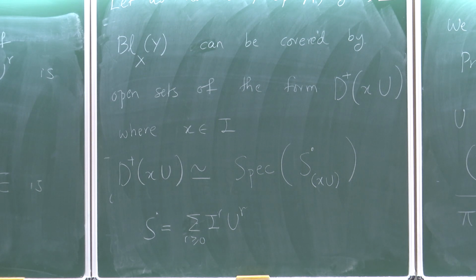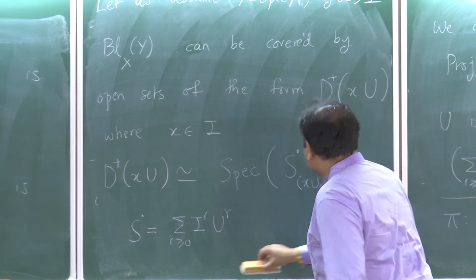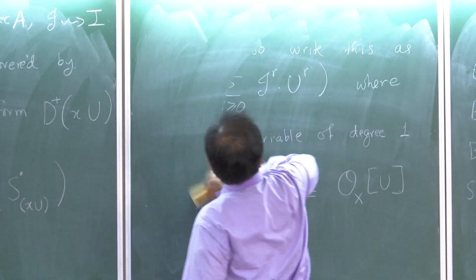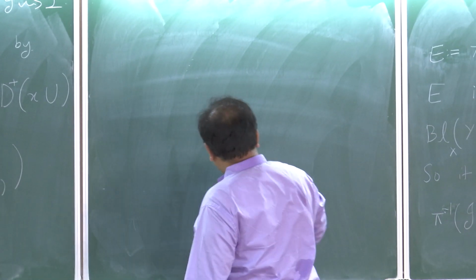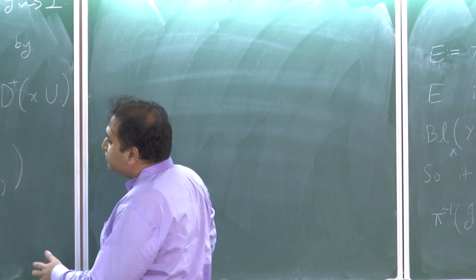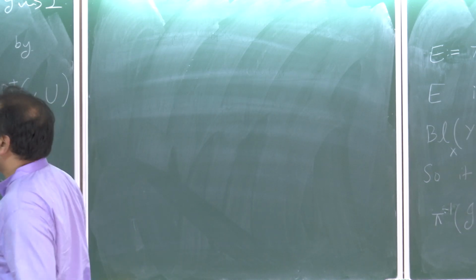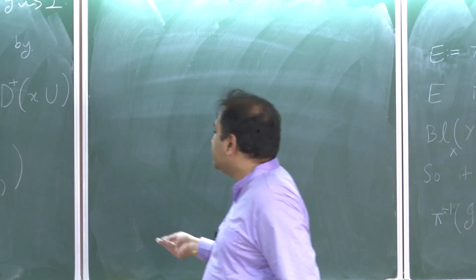Then I will just state this as an exercise which we can work out if necessary. It follows immediately if you look at the proof of the fact that the blow up has all the properties that we mentioned.